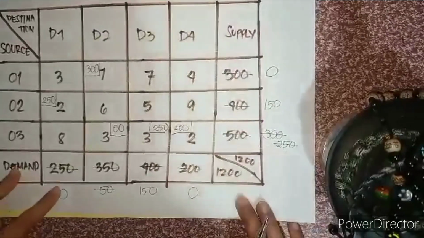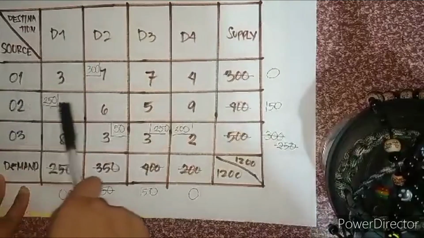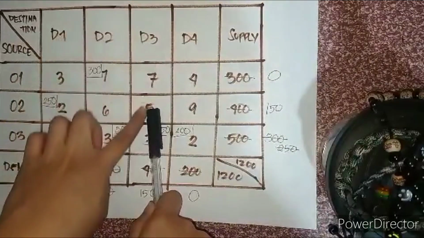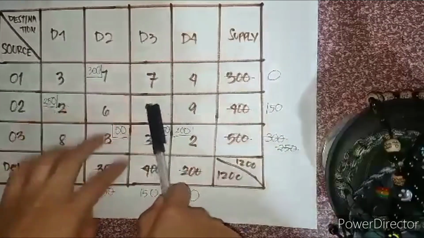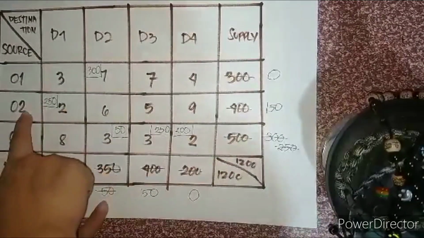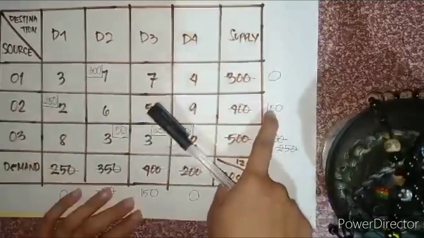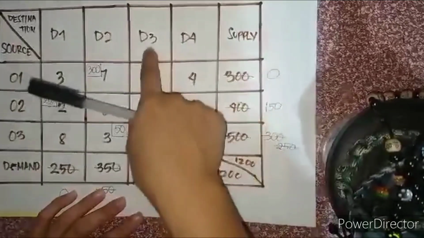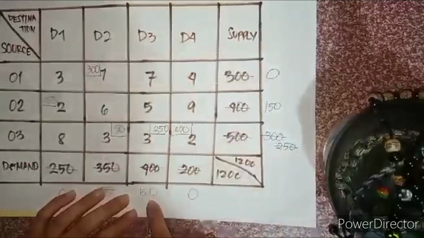And now the only remaining cell is in row 02 and column D3, which has the cost of 5. In row 02, we have the supply of 150, and for D3, we have the demand of 150.